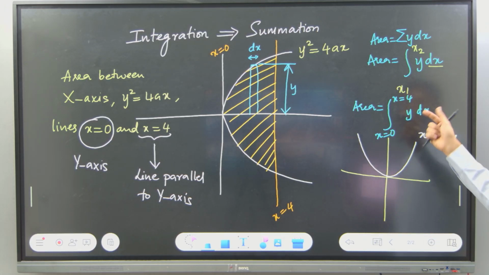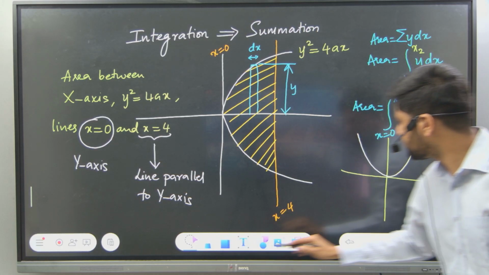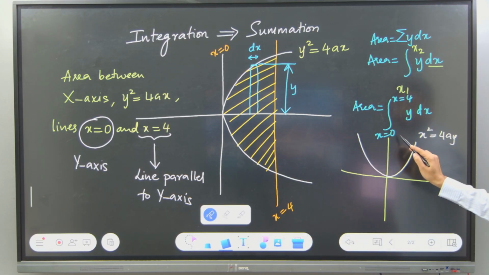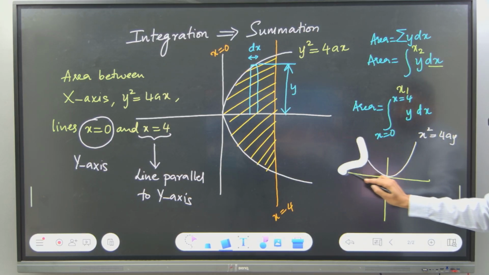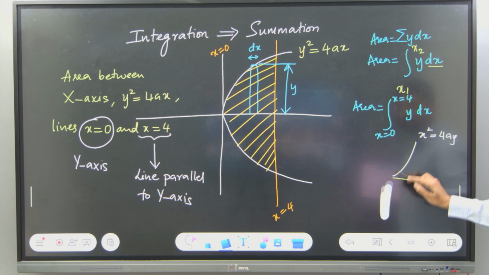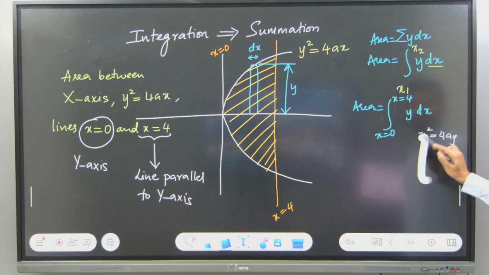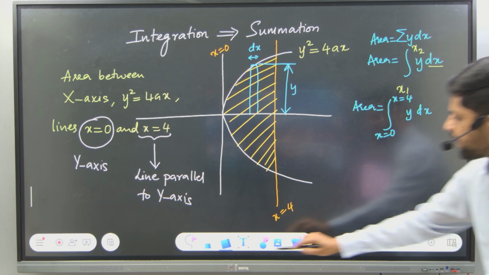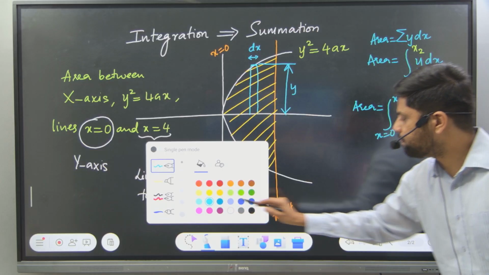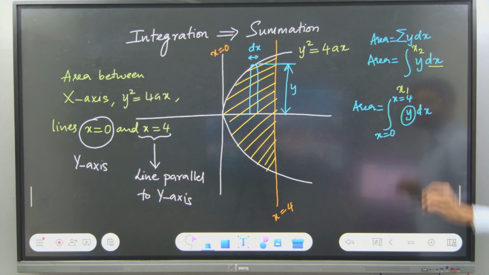Now if I have to integrate with respect to x, then I should not have y. So I should replace this y in terms of x.